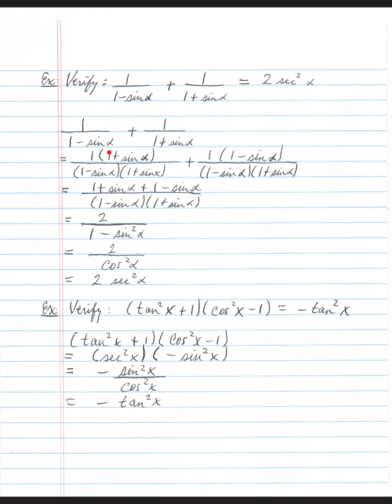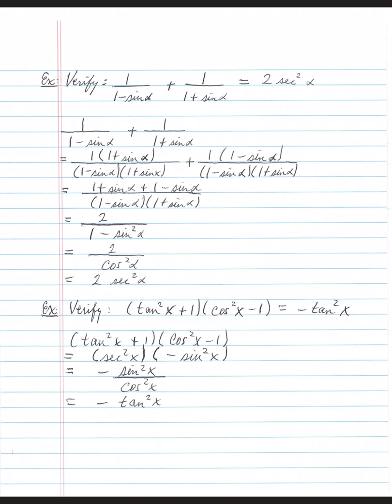Multiply carefully. That's 1 plus sine alpha plus 1 minus sine alpha. 1 plus 1 is 2. Sine alpha minus sine alpha is 0. And then if you were to FOIL the denominator, you would get 1 minus sine squared alpha.